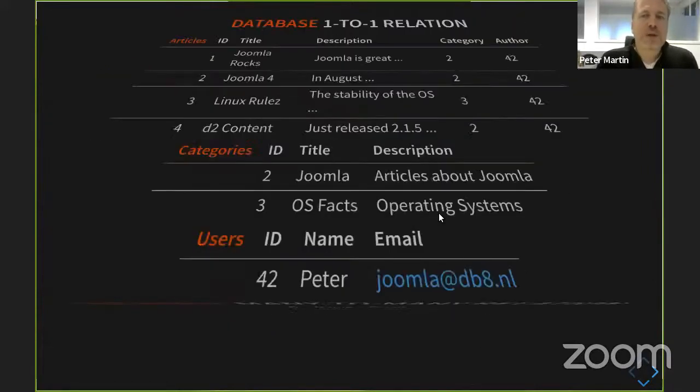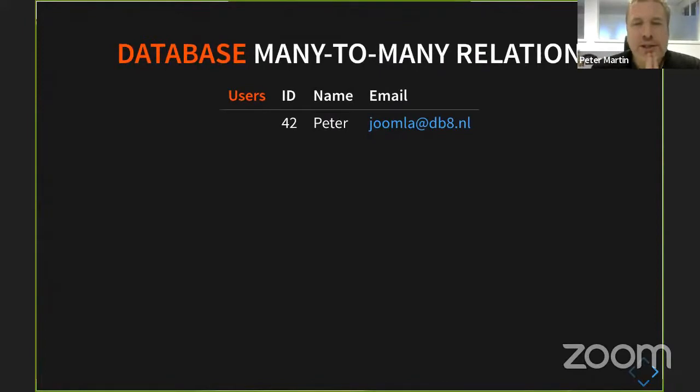So we also have many-to-many relations, and that's the case for the user table. I'm a user in the database. I'm number 42, and my name is Peter, and I am a registered user, but also a super user in this database.